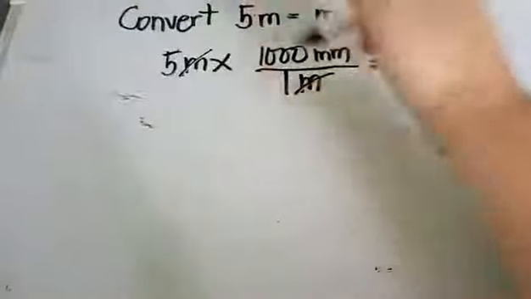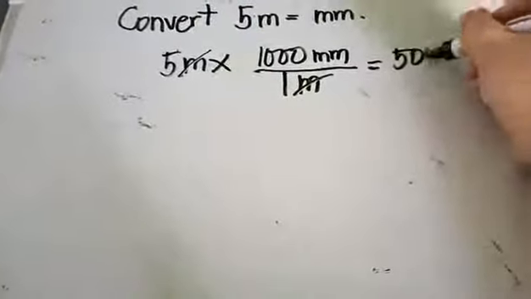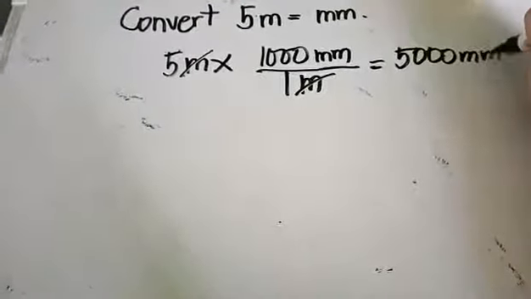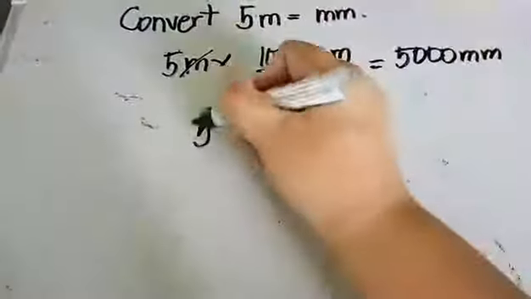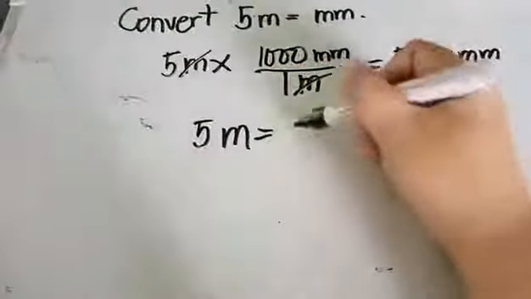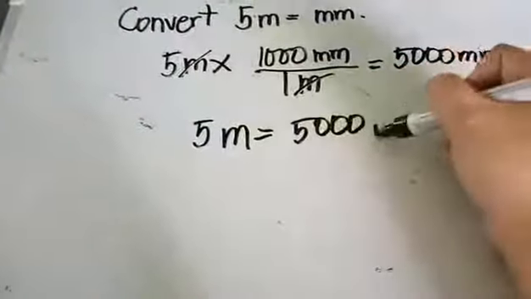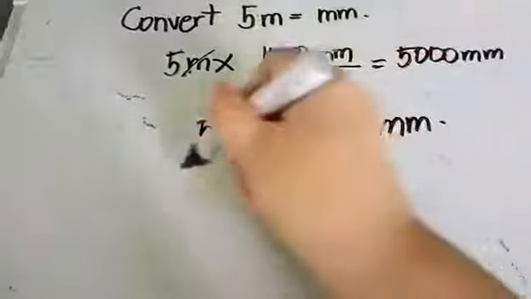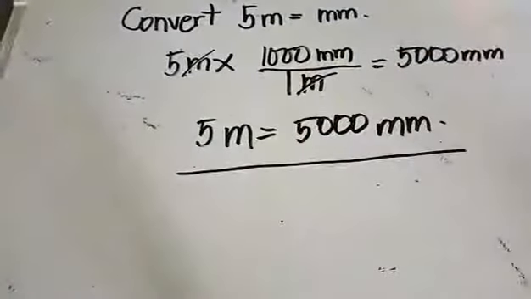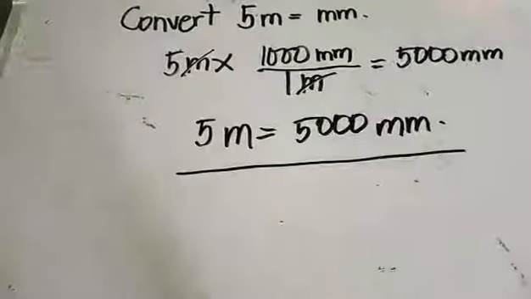So we have 5 times 1,000, we have 5,000 millimeters. So therefore, 5 meters is equal to 5,000 millimeters. Okay, that is how you are going to use the metric units of length.